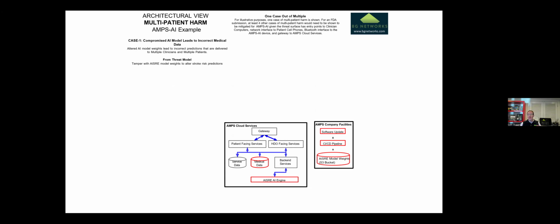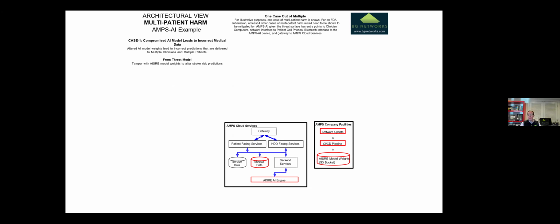All of those things could potentially be sources for multi-patient harm, by coming back somehow to the cloud and then having results distributed that are incorrect. And if you can fit all the cases onto one slide, I think that's certainly acceptable. In this case, we found that it was just complicated enough to have one case of multi-patient harm.